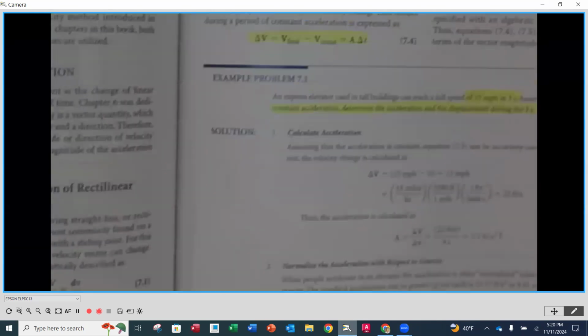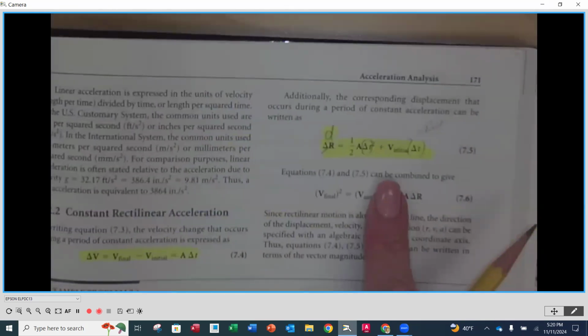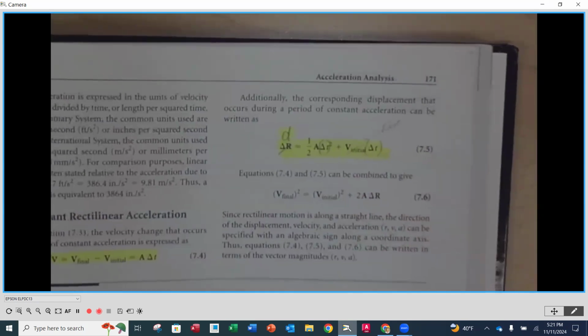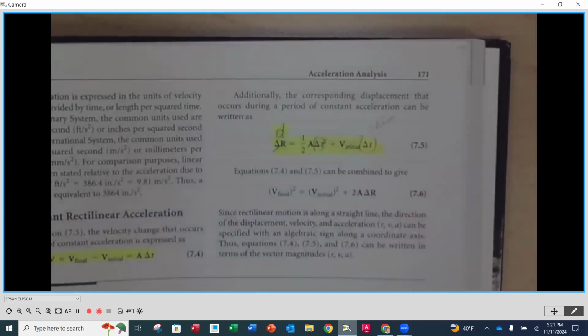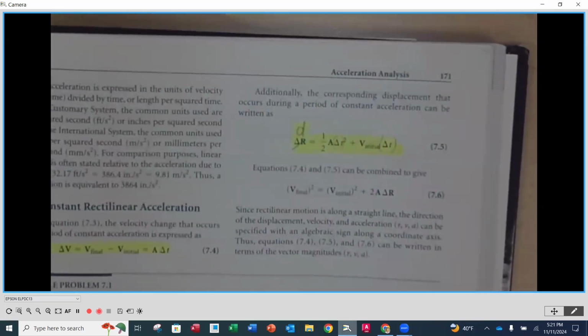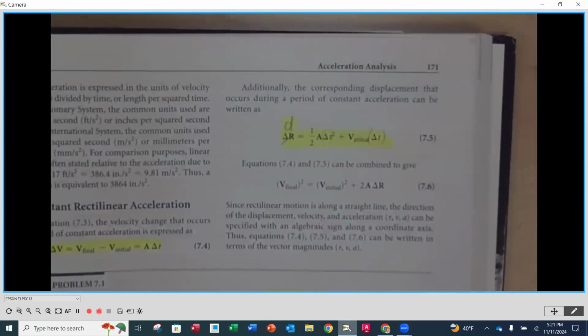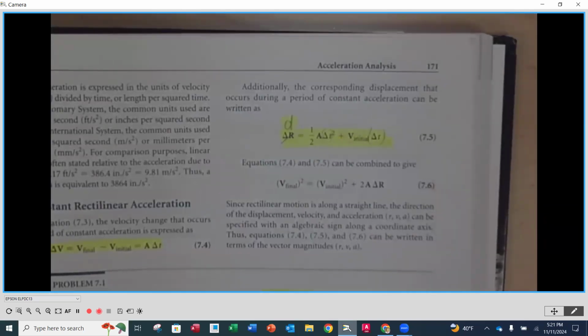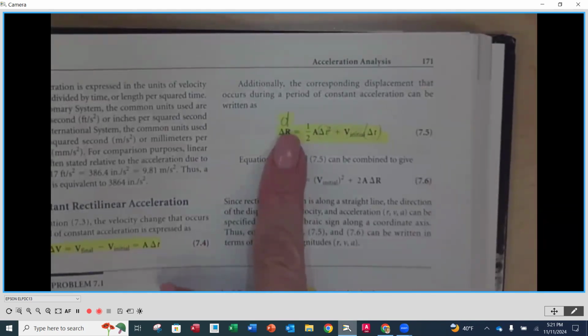The other equation that we're going to be looking at is the distance that's covered during a time that we're accelerating. In this book, as we've stated, they call distance capital R for some reason. I'm not exactly sure why, but I tend to replace that with D, just a regular distance.